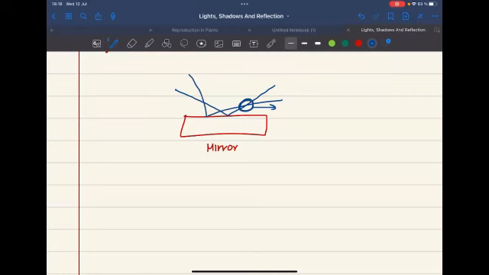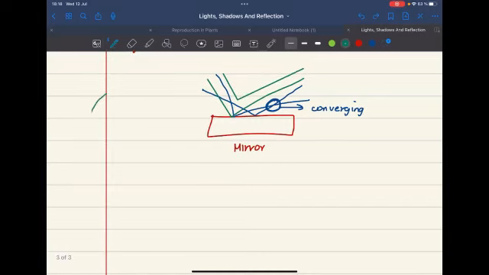So this is called converging. Whereas if it is going, 1 minute, Advika, 1 minute. So if the light rays are going like this and it is bouncing away. Okay. Now, for example, let's take a mirror, concave, convex mirror.